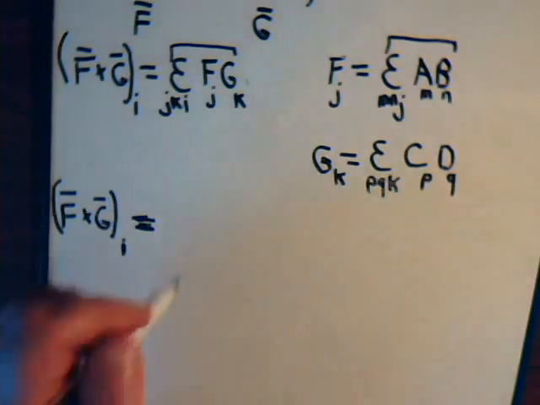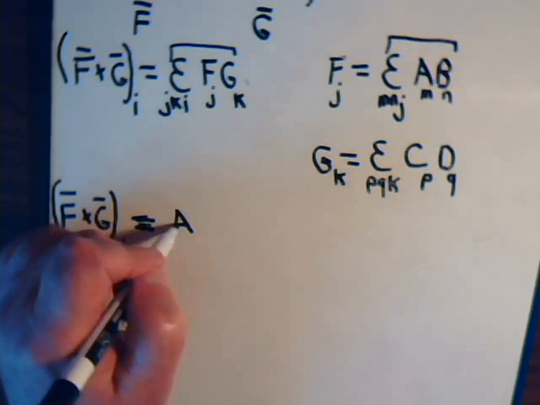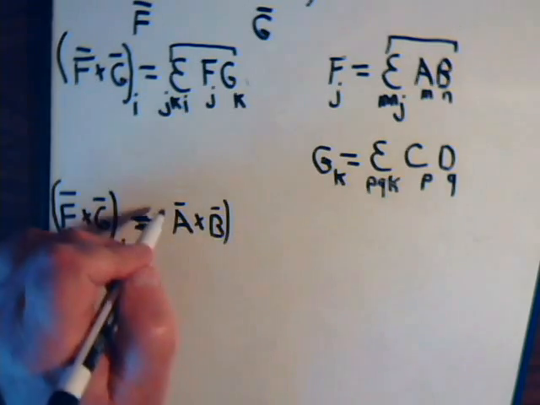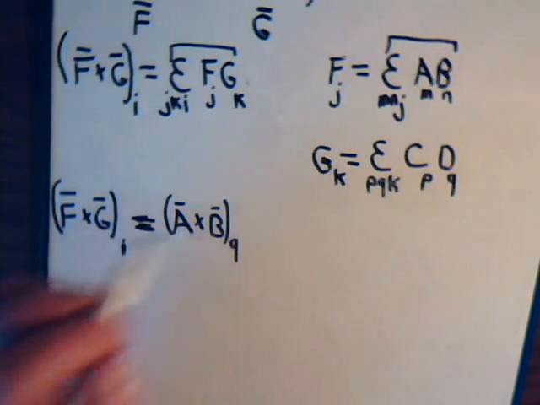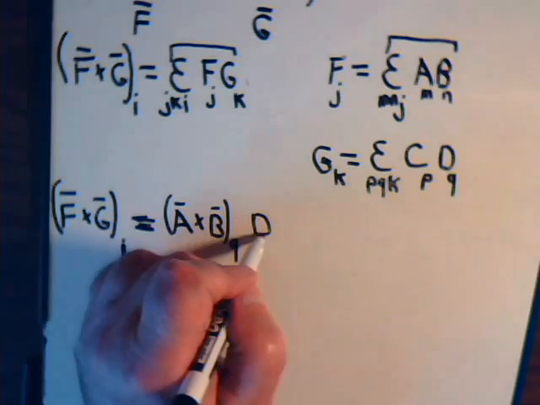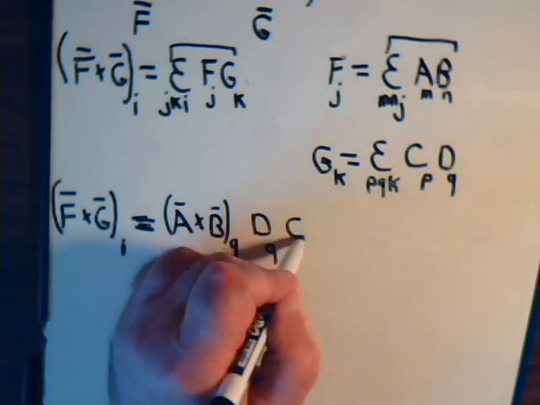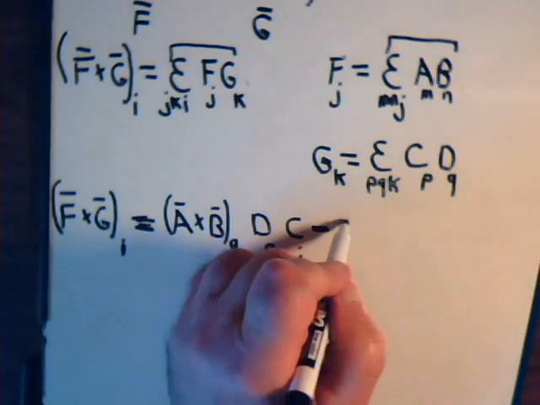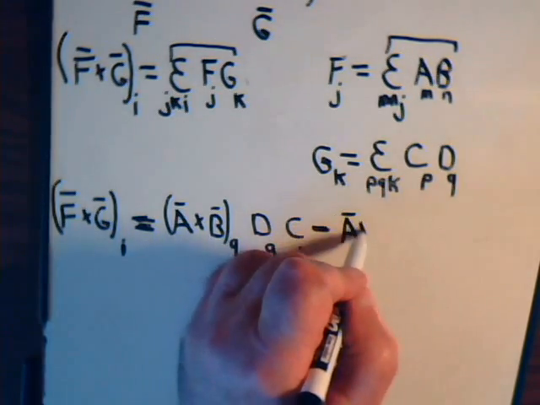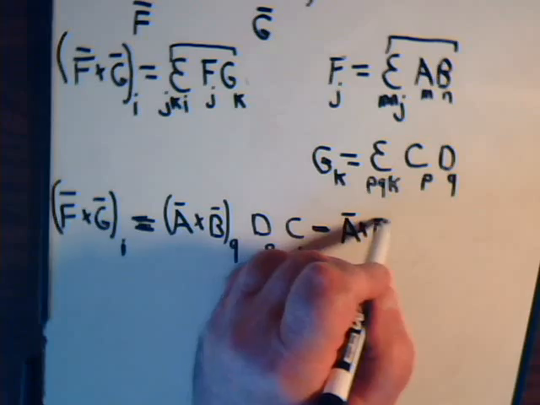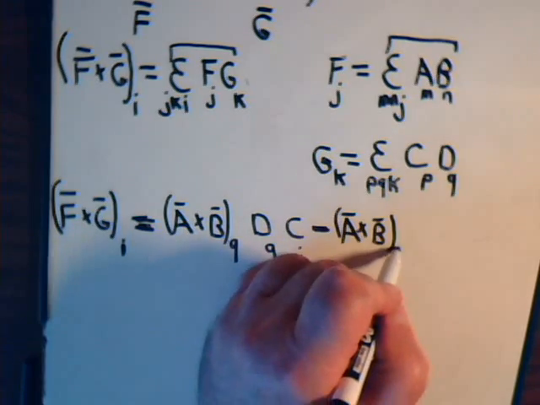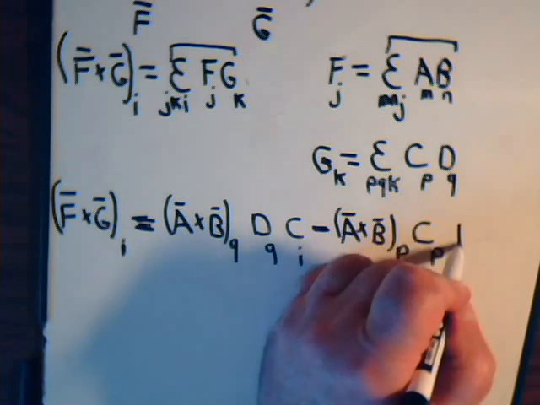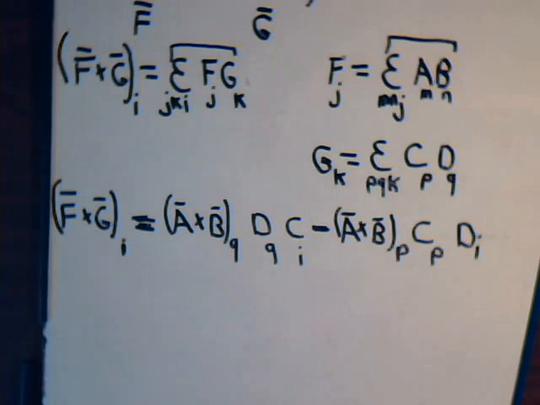Okay, we have this equals A cross B, the qth component of that, times dq times ci, minus A cross B, that's P component times CP times DI.